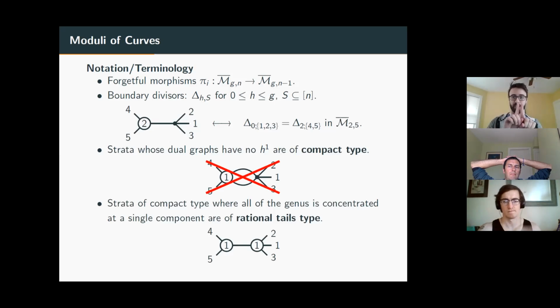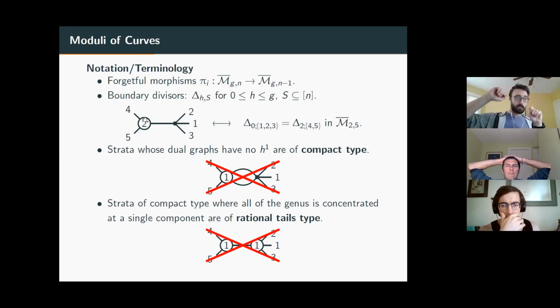I have two different components that each have higher genus. And so that's not rational tails type. Whereas the first one on the page is of rational tails type. So these are rational tails strata. And this one is a divisor, but of course you could break it down further. And as long as there's just one anchor vertex with all the genus, still rational tails.